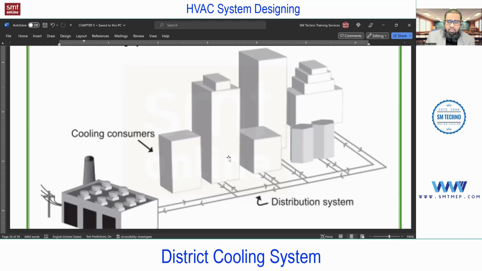Like when we get the municipal water supply line in our home or the building, that is connected to the water meter, which is used to pay the monthly bill according to the consumption of water.